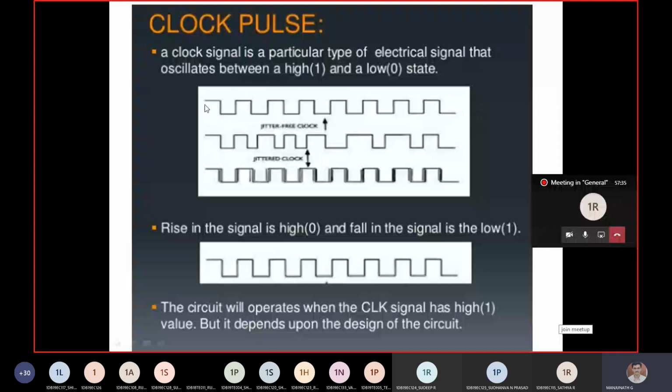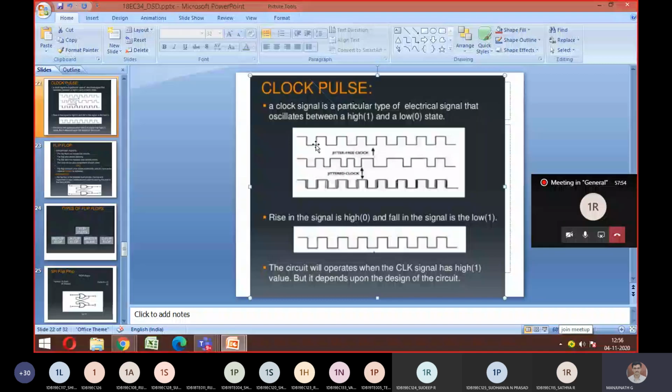Okay, let me write here. The pulse train means what? You can write the things here, right? So you can tell me which is the rising edge and falling edge. From where to where can you consider one complete cycle? Just mark here: is it from here to here that I can call one complete cycle?